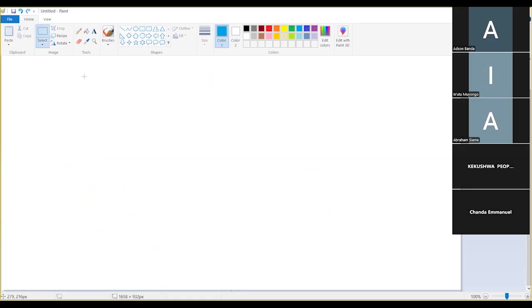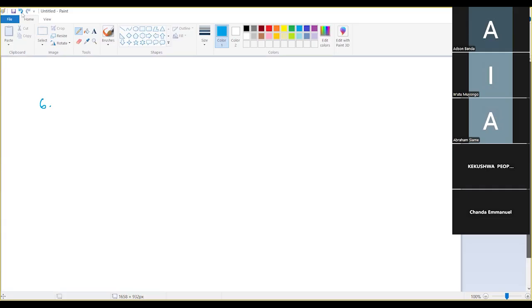Right, so let's think of identity number 6. Let me just push the board up a bit. So identity number 6 is given as follows. We have that the cosine of alpha minus beta is equal to cos alpha cos beta plus sine alpha sine beta.